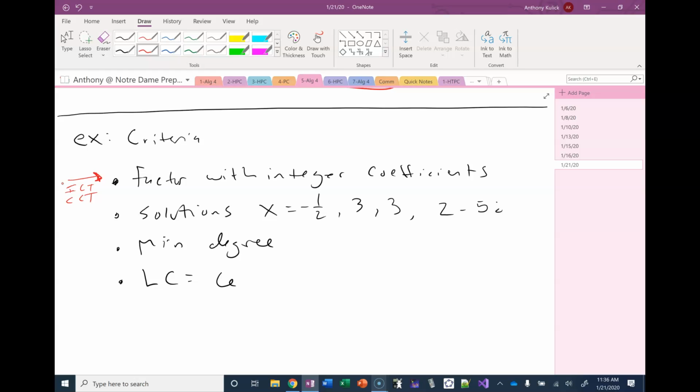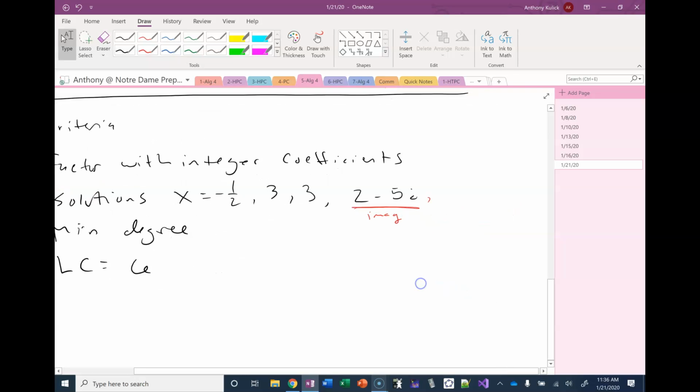Next, let's look at the complex conjugates theorem. So look at my list of solutions. Are there any imaginary things on our list? Yes. So this is imaginary, 2 minus 5i. So what other solution needs to appear on our list then? It has to be the conjugate, which would be what?